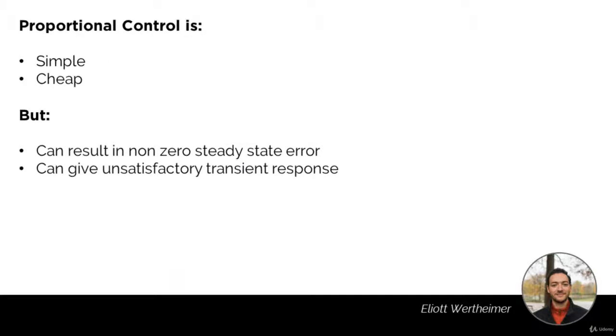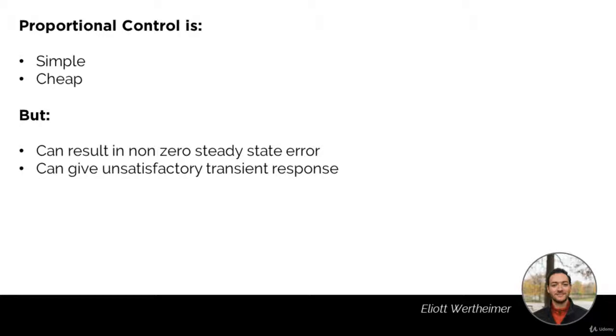So in the end, proportional control is simple and very cheap. Why is it cheap? Because first of all, it costs nothing to just add a multiplier in a line of code. It's also very easy in electronics. You just put an operational amplifier in, which is literally a piece of circuitry that's extremely common and cheap. However, the problem with proportional control on its own is that it can result in a non-zero steady state error. Why is that?